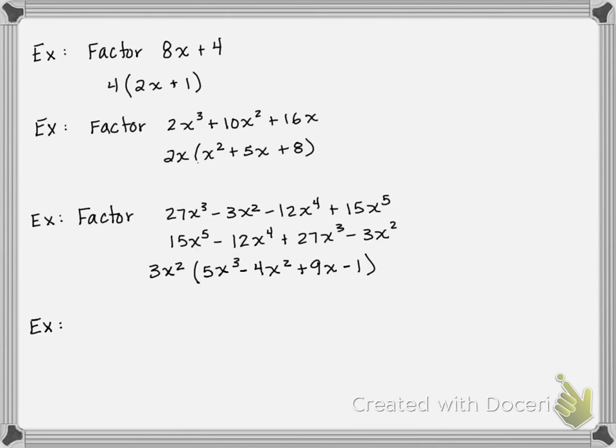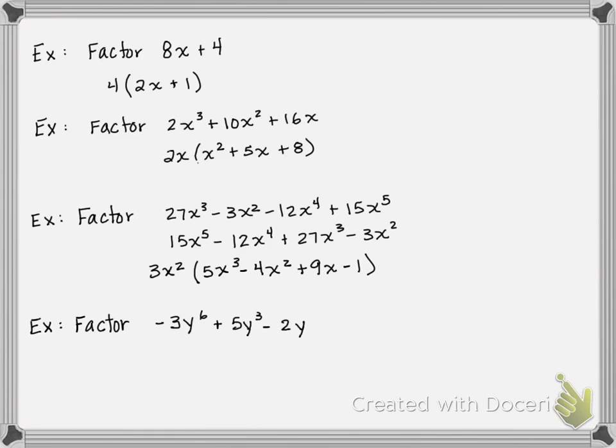So for example, if I want to factor negative 3y to the sixth plus 5y to the third minus 2y, notice that the first term is negative. My GCF is y, right?